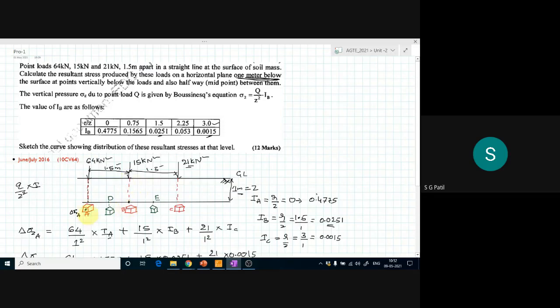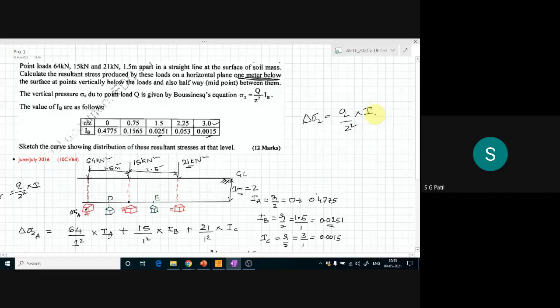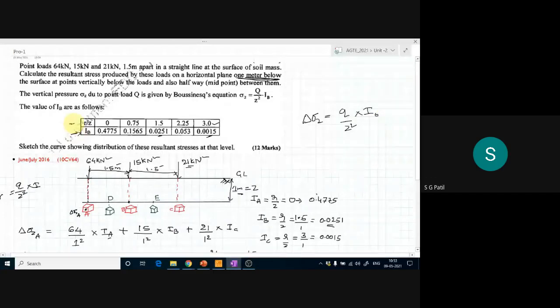So I have taken the points A, B, C. If you remember this formula, delta sigma Z is equal to Q by Z square into the influence factor, Ib or Iq, whatever you want.